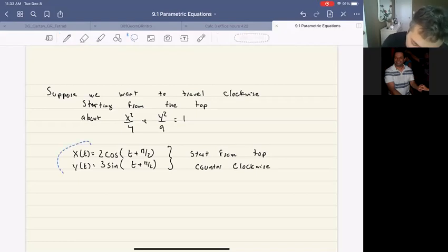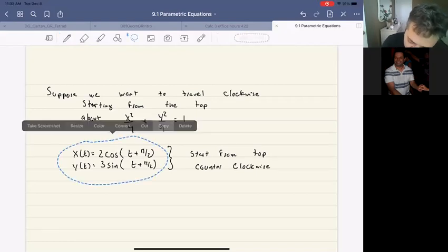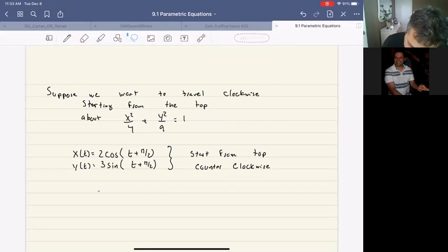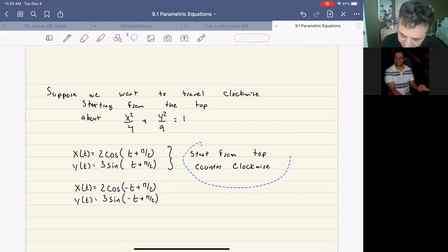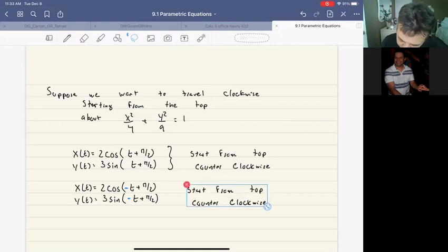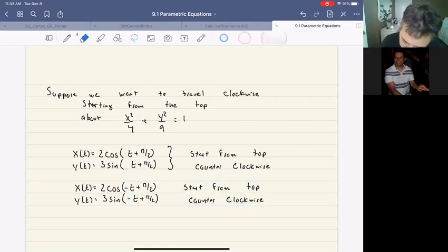In order to get the clockwise motion, I'm going to need to add a negative sign on the t's. That's going to do it clockwise. Why?